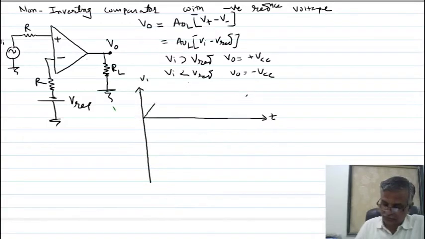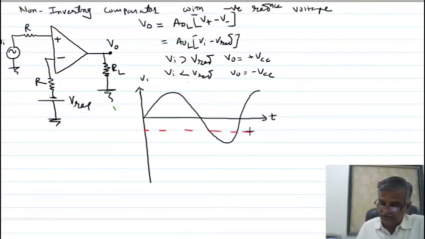This is my input. Now here my reference voltage is negative, so this is a negative voltage. This is your voltage axis.